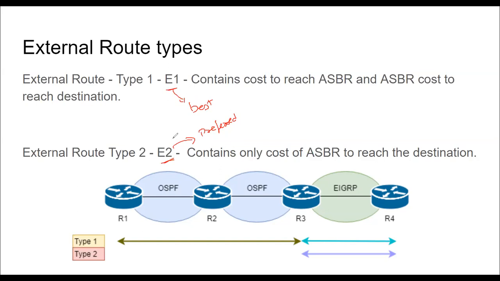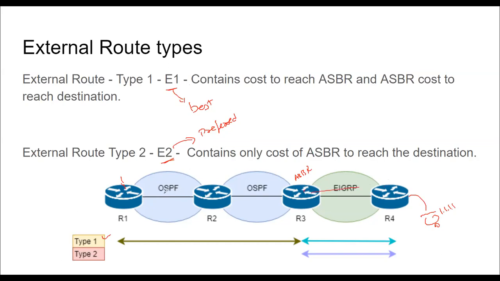The difference between E1 and E2, or type 1 and type 2, is very simple. For example, I'm learning a prefix 1.1.1.1 on R1. A type 1 route will have both the cost of R1 to reach the ASBR and the ASBR's cost to reach R4.